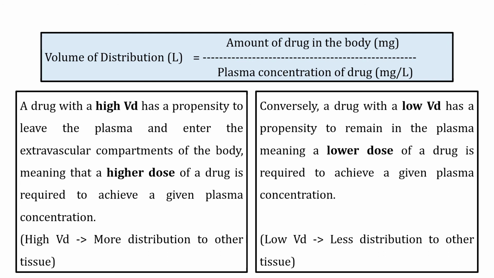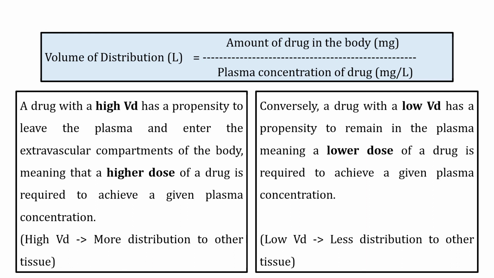If we compare only the arteries or the venous system, the amount of blood that can be retained in the capillaries or the venous system will be quite less. But if the drug moves to the tissues, the total volume will be quite high. That is how we should visualize the volume of distribution. The more the drug penetrates the extravascular tissue, the higher the volume of distribution.